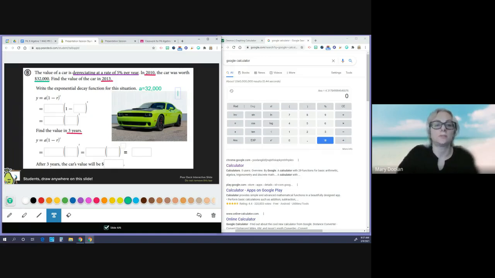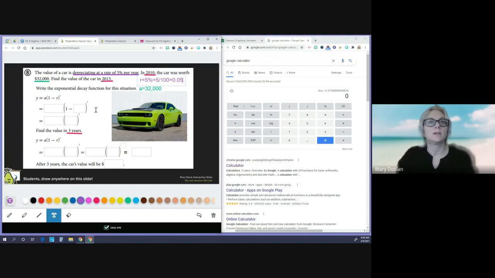Kind of stupid, but that's just what it's deciding to do. And with our R here, R equals 5%, which equals literally 5 per 100, which equals 0.05.